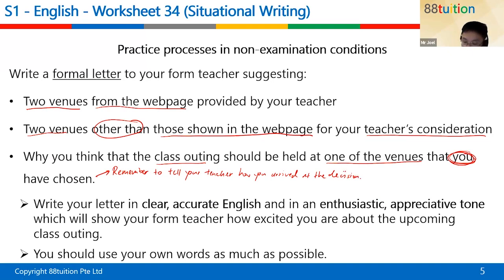Importantly, remember to say that you asked for everyone's opinions. You didn't just choose this yourself because you like it. You're doing it for the class, not for yourself. And if you write that, the teacher will definitely be more open to what you're writing, isn't it? So that they know that you represent the whole class well. It's not just you.